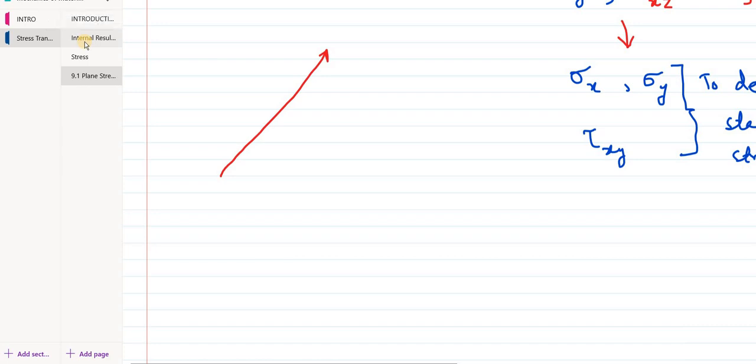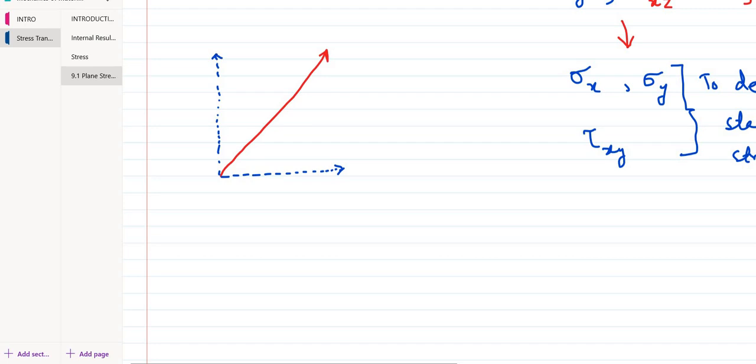So you have several choices to show those components. For example, you could show those components acting maybe in this direction. Let's dot the line to show that these are components and not new forces. Maybe you can show them in this way.